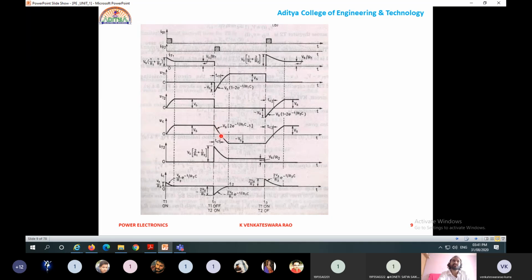It discharges, and again from this point to this point it charges, and a negative voltage appears across the SCR until turn on of the same SCR. This one is the negative voltage which appears across T1.